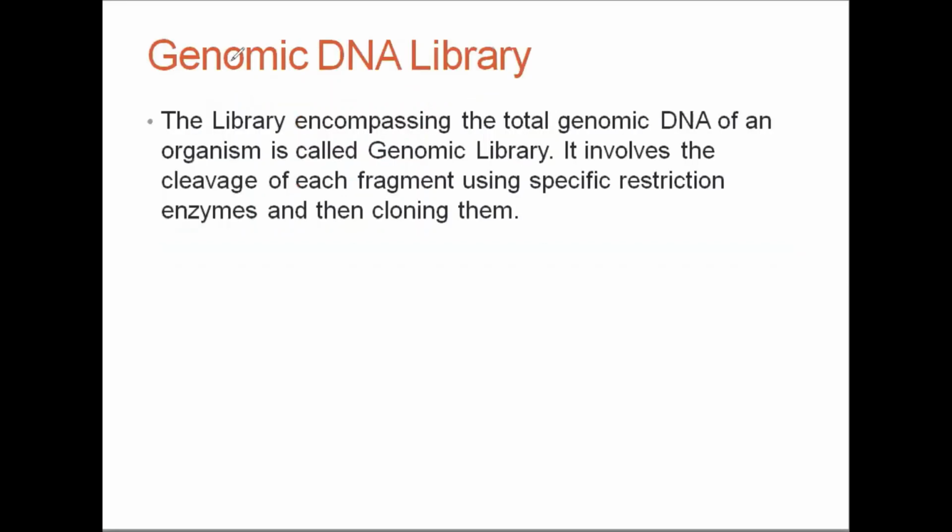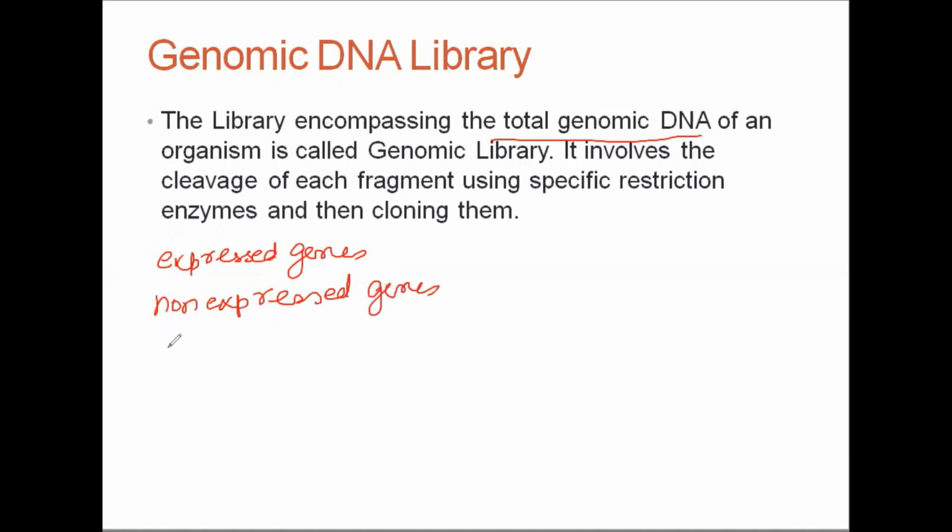So first learn about genomic DNA library. Genomic DNA library means the total DNA of an organism. And how do we obtain it? Why do we use it? And what are the most important sequences we get from that? So as I told you, genomic is the total DNA. That means it has all of the constituents like expressed genes, non-expressed genes, and then exons, introns, and you have promoters.